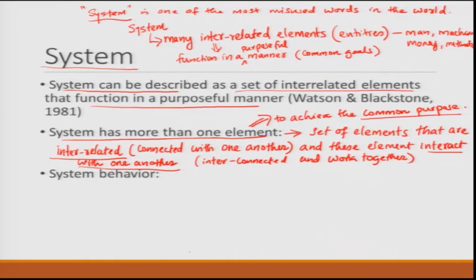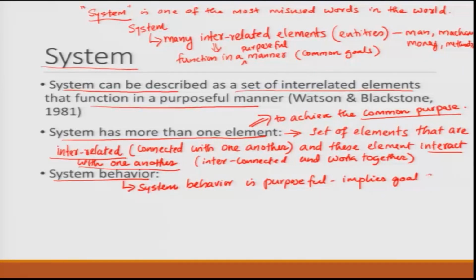Okay. So as I said earlier, always remember this, system behavior is purposeful, which also implies, what does it commonly mean? It is goal seeking behavior. It moves towards a common goal.